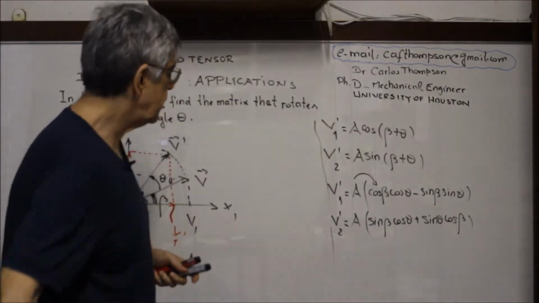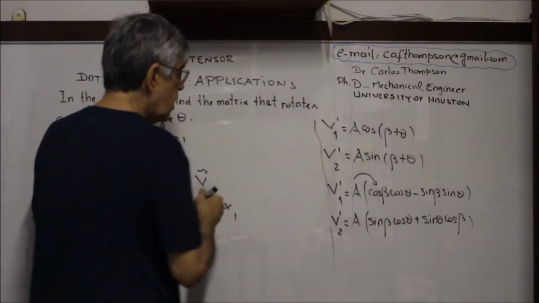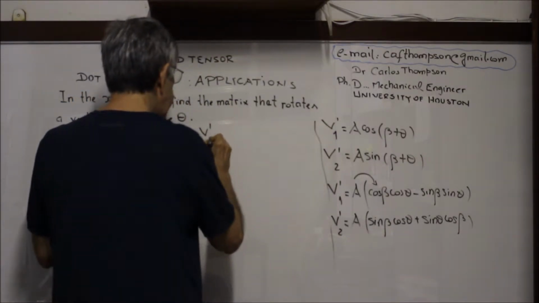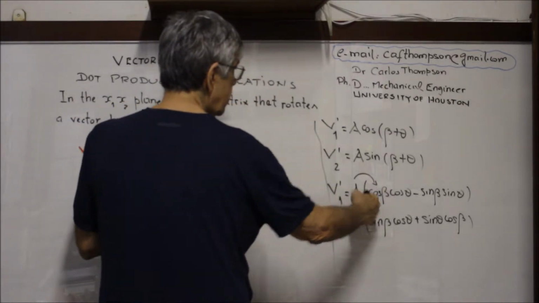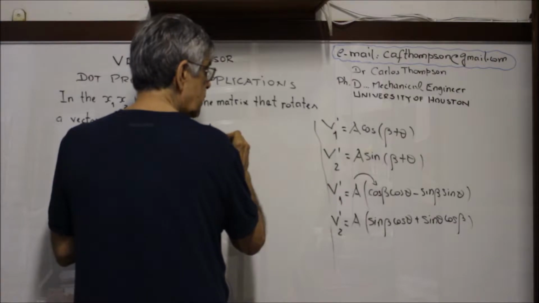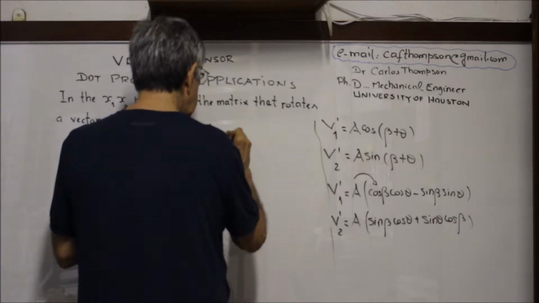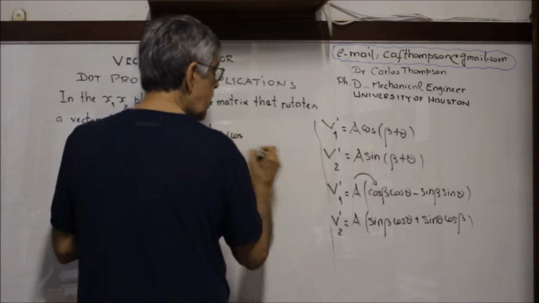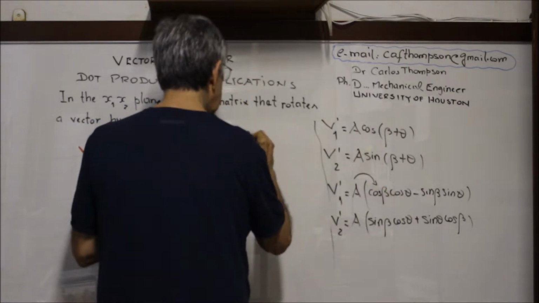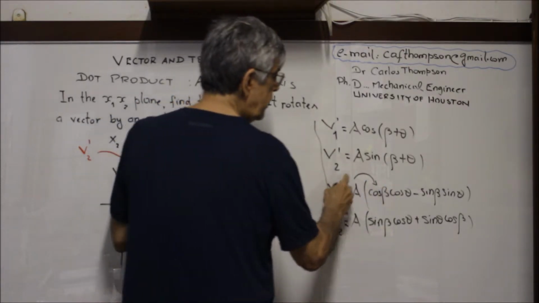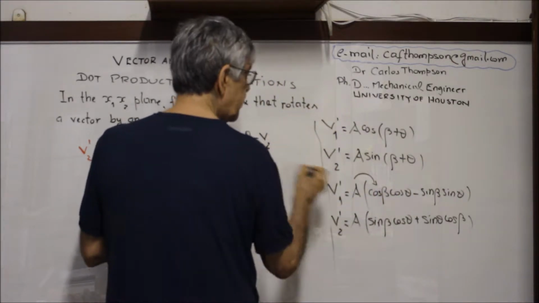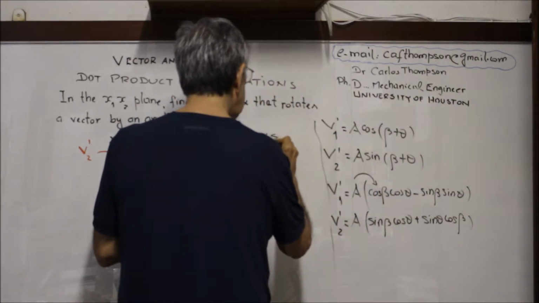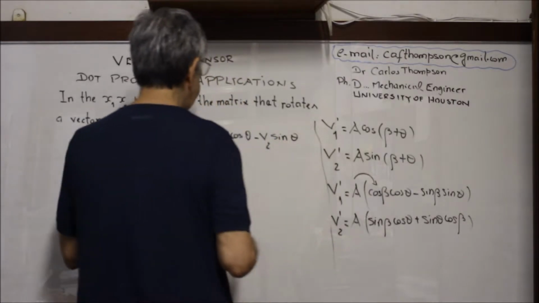This v prime 1 is equal to A cosine beta, which is V1, times cosine of theta, minus A sine beta, which is V2, times sine of theta.